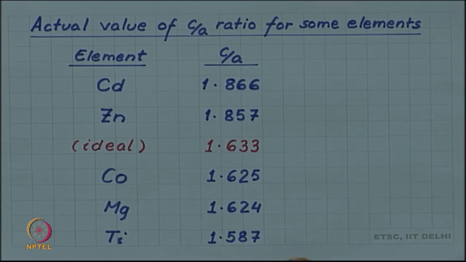So, with this we will end the topic of hexagonal close packed structure, and in the next lecture we will take up cubic close packed. That was another close packing, as you remember. The other close packed structure was the cubic close packed structure with a stacking sequence ABC ABC. So, we will take that topic in the next lecture.